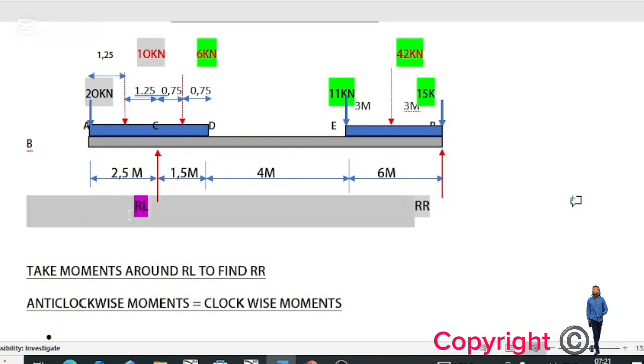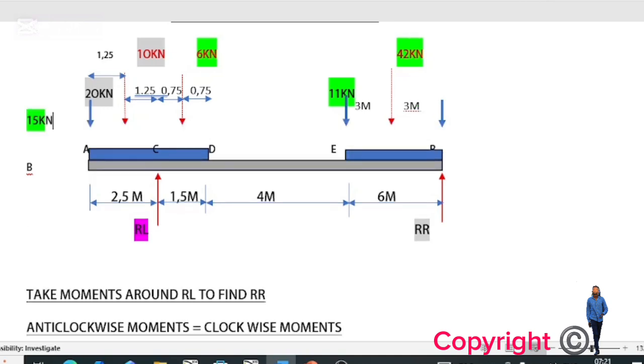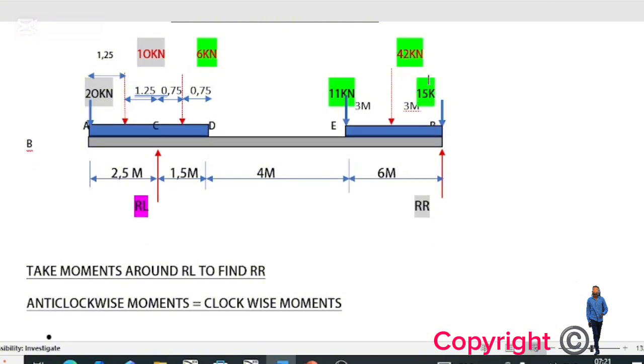Like if we check, we have RL here. This is RL. Then on the right we have 6 kilonewton, which is clockwise. 11 kilonewton, it will be clockwise. 42 kilonewton, it will be clockwise. 15 kilonewton, it will be clockwise.